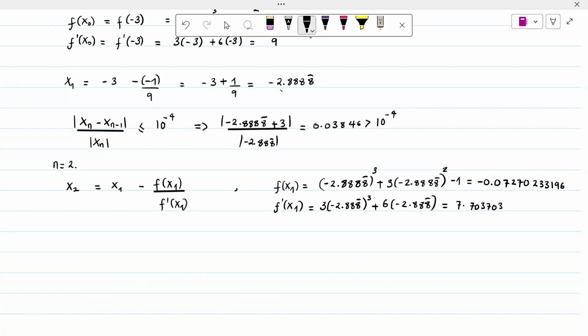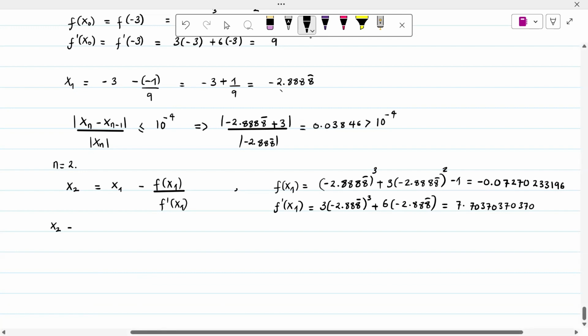Try to confirm if the derivative gives you this value. Try to confirm if that is true. Now we go ahead and substitute. So f of x1 gives us that, f prime of x1 gives us that. So now let's substitute to find x2.